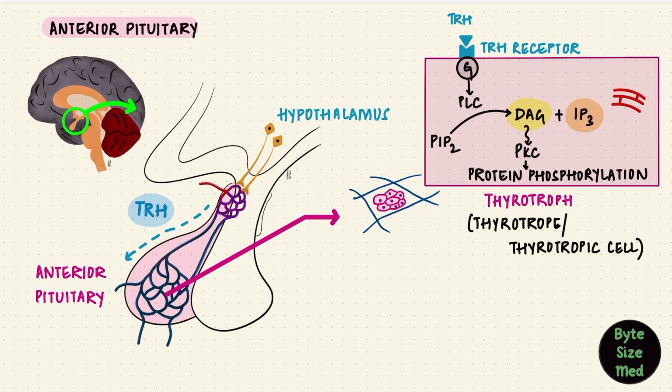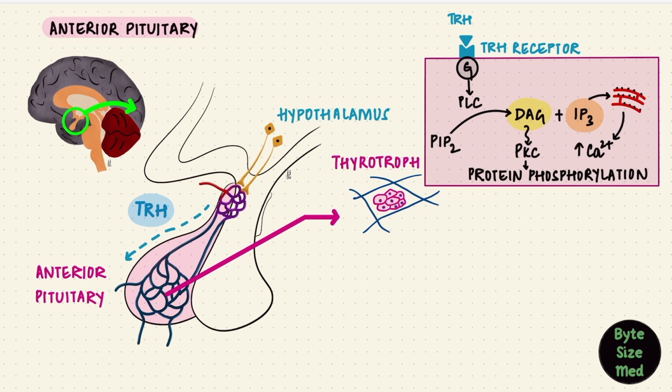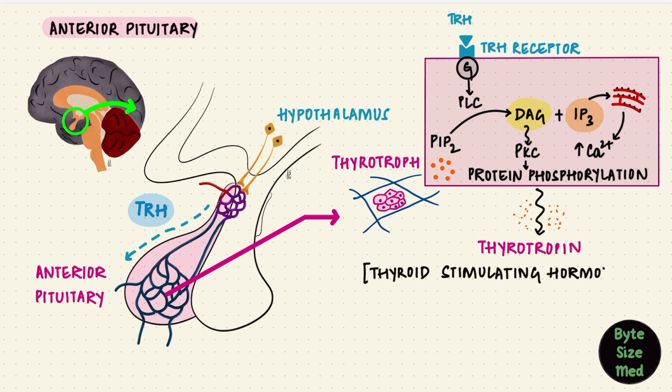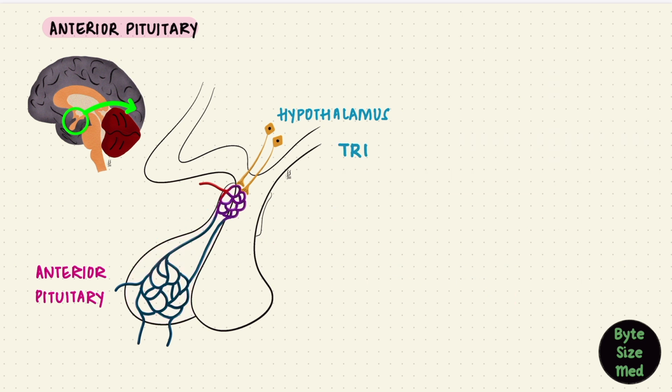IP3 mobilizes calcium out of the intracellular stores, increasing the intracellular calcium. Eventually, this results in the synthesis and release of a hormone stored in the secretory granules of the thyrotrophs. That is thyrotropin, or the thyroid-stimulating hormone TSH. So TRH comes from the hypothalamus, and TSH comes from the anterior pituitary.